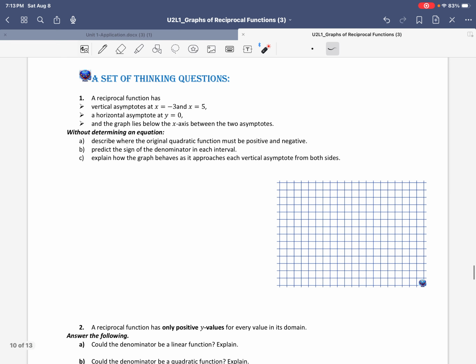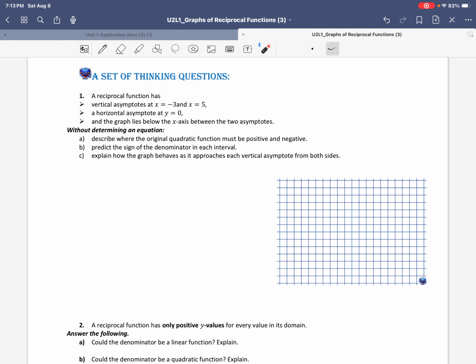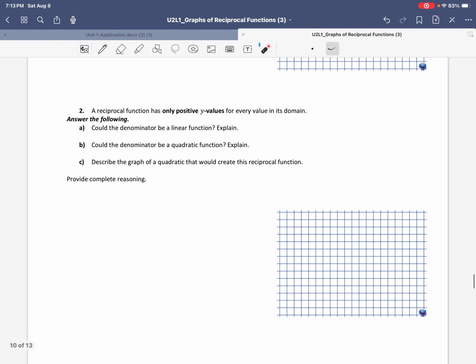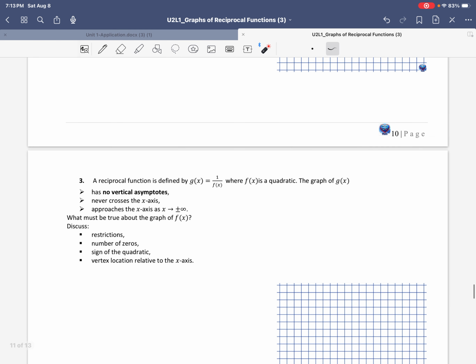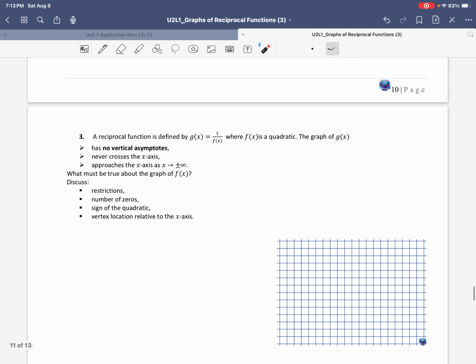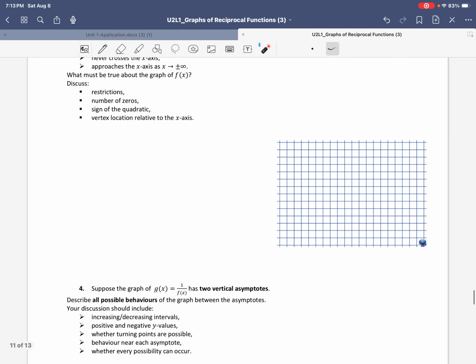Now, I also made a set of thinking questions for this lesson. Very interesting to do. I made quite a few actually, and they look similar, but they're not exactly the same. Every question will bring out something new.